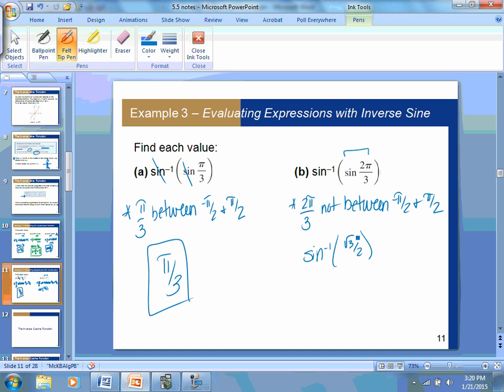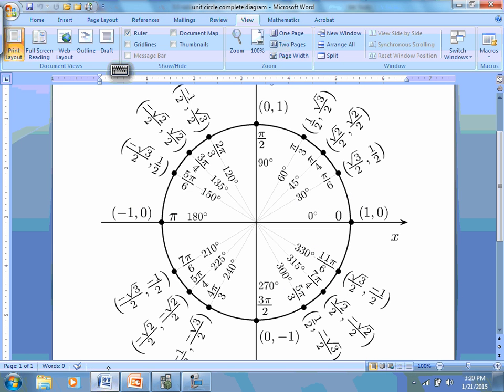Okay, so this square root 3 over 2 is between negative 1 and 1. So I can go ahead and evaluate this. So I'll have the sine of something gets me the square root 3 over 2. Now again, that something has to be between negative pi over 2 and pi over 2 on my unit circle.